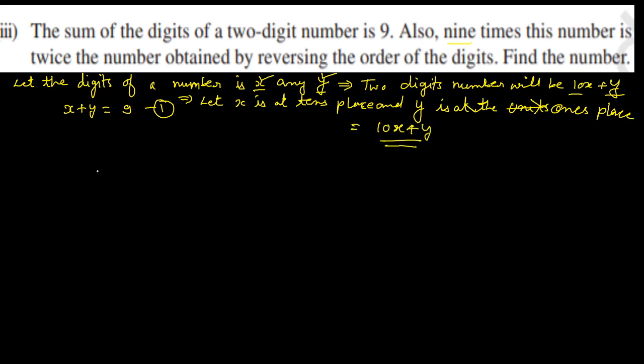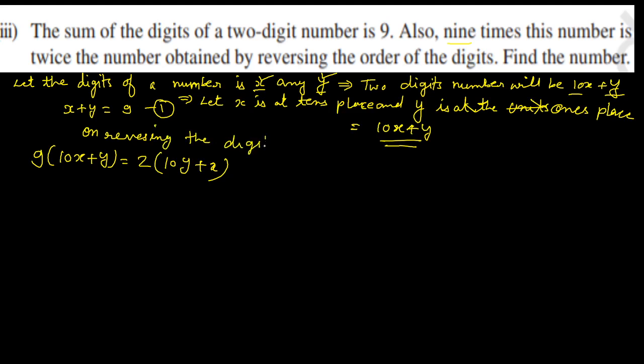Now 9 times that number, that is 9 times 10x plus y, is equal to twice the number obtained on reversing the digits. When you reverse the digits, what will you get? 10y plus x. If you reverse it, the tens place number will come to the ones place and the ones place number will go to the tens place.